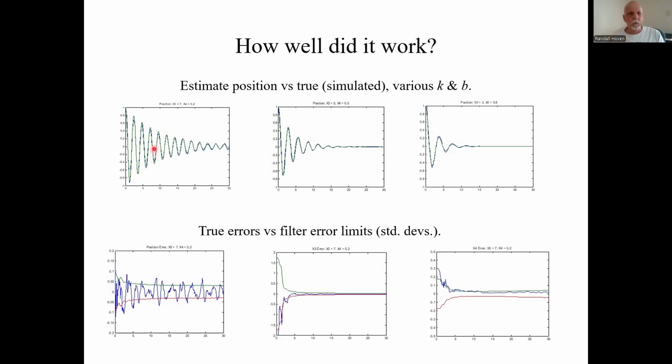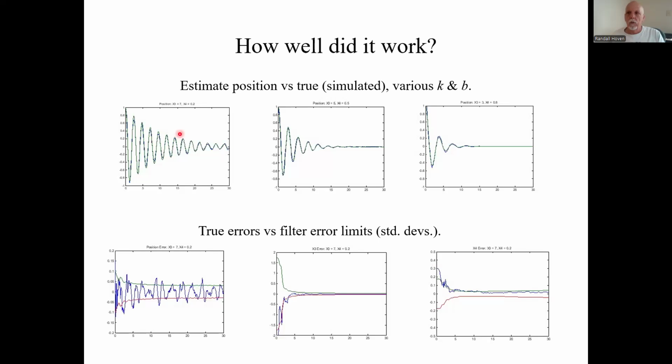I forget what green and blue are, but one is true and one is the filter's estimate. This is position. This is velocity. No, these are all position. All these top three are position errors. These aren't position errors.